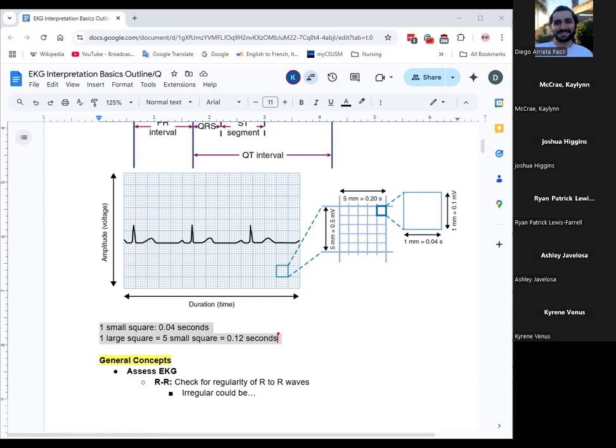It'll be important for you guys to know if you are presented with a 6-second strip, because if they were to give you an EKG strip and it's not a 6-second strip, then certain calculations you won't be able to do accurately. I think if anything, he'll say something along the lines of, oh, this is not a 6-second strip, by the way. For the most part, most of the strips you are presented with are, but just as a precaution.